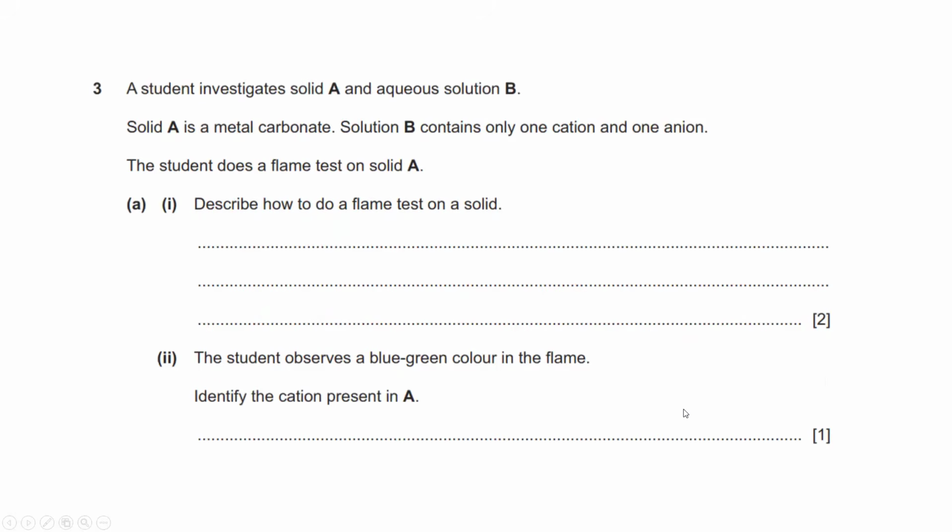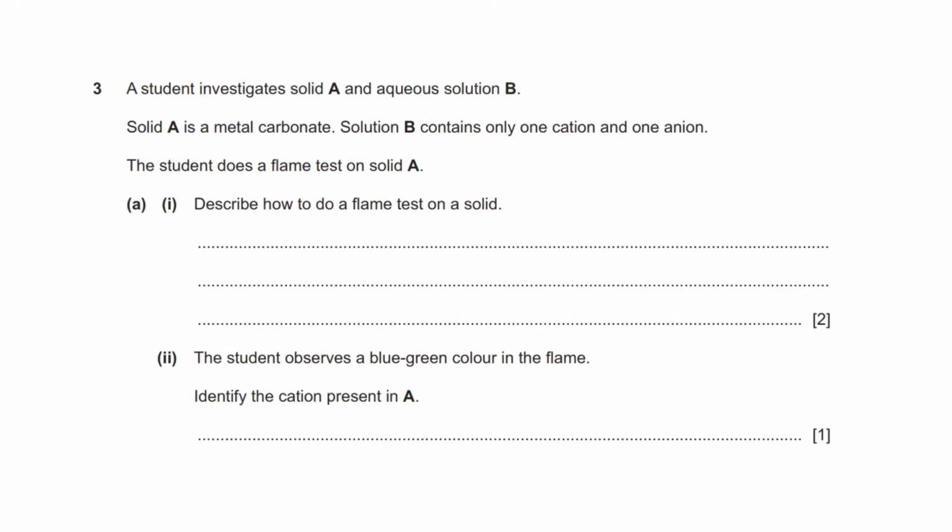question number 3 says that a student investigates solid A and aqueous solution B. Solid A is a metal carbonate. Solution B contains only one cation and one anion. The student does a flame test on solid A. In part A, part 1, it asks us to describe how to do a flame test on a solid.